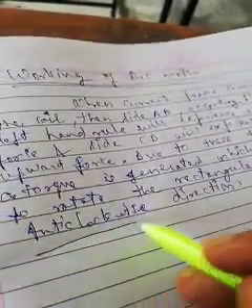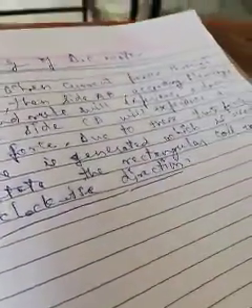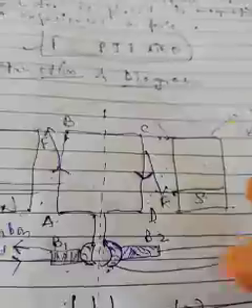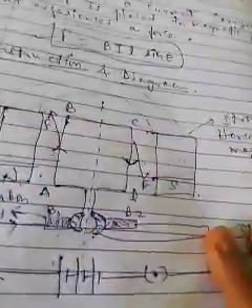So clockwise current gives anti-clockwise rotation of the rectangular coil. You should remember this fact.